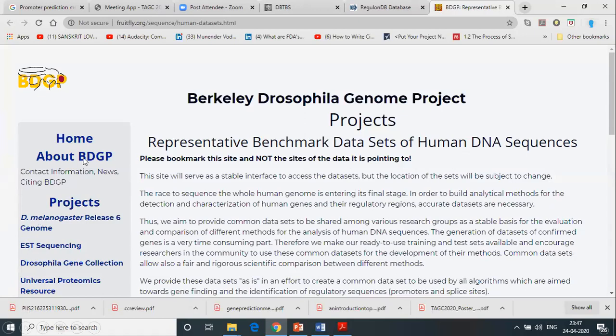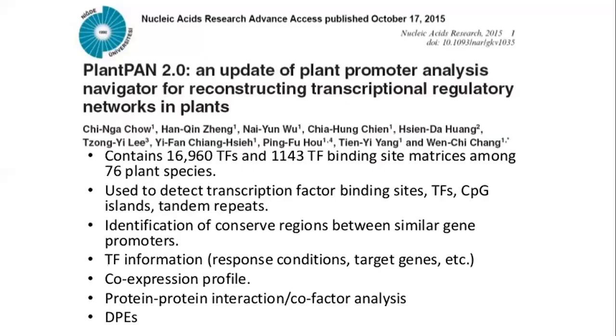You can look into promoter prediction of a specific species and compare it with the human species using this database. One more database is called PlantPAN 2. It is used specifically for promoter analysis of plant species and transcriptional regulatory networks of plants. You can read into that; there are many transcription factor binding sites you can find with it.